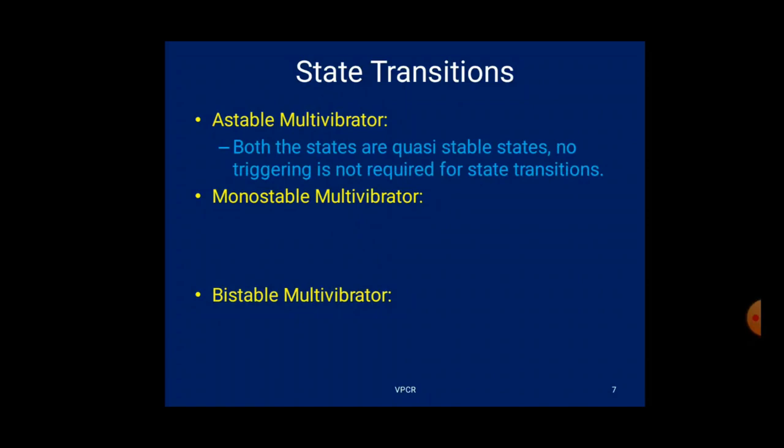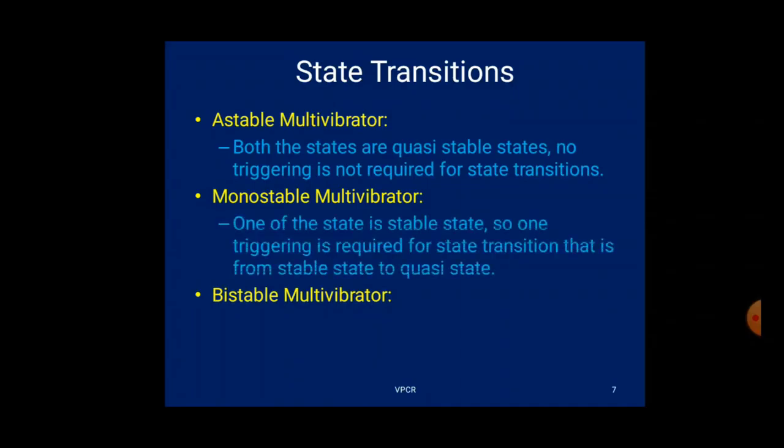After a predetermined time, again it will go back to state 1, which is also quasi stable, and again it will come to state 2. Here both states are quasi stable, that is the reason you need not give any external triggering to make state transitions.